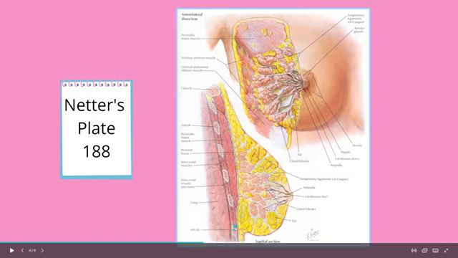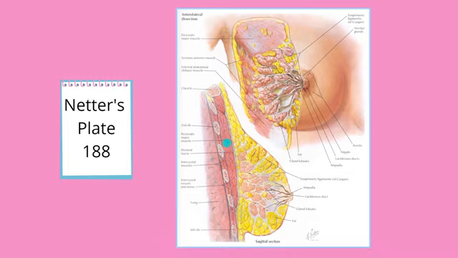Horizontally, it goes from the lateral margin of the sternum all the way to the mid-axillary line. The mid-axillary line splits the middle of your side: if you reach to your side, what would be the middle of your side close to your armpit? That's the mid-axillary line.